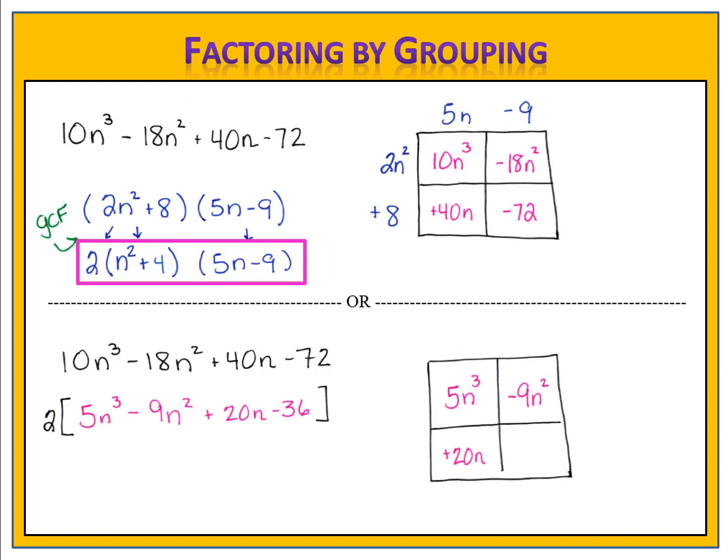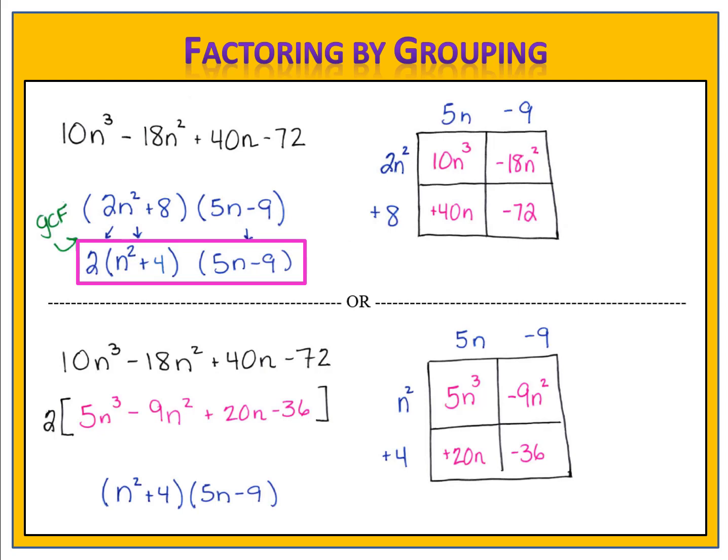Again, putting the terms in the grid, finding the greatest common factor of the top row, in this case n squared, and then using multiplication to fill in the numbers around the grid. This gives us the factors, n squared plus 4 times 5n minus 9.